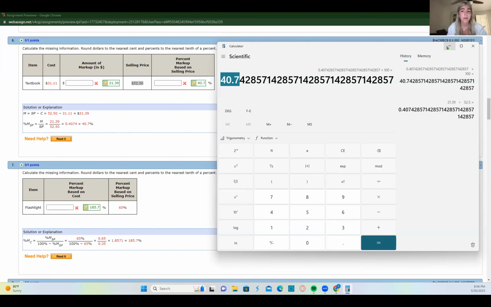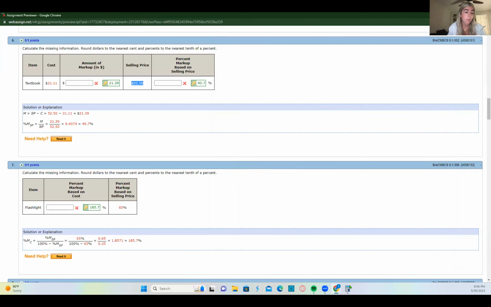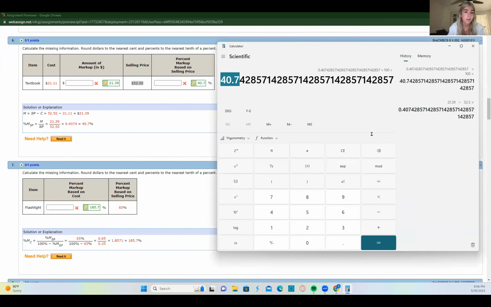Gotcha. On the numbers that I have, I would have gotten 39.77%. I guess I should have made it 39.8%. Well, what were your numbers? The markup was 21.28, and the selling price was 53.50.